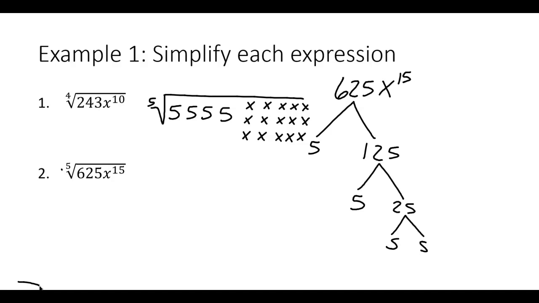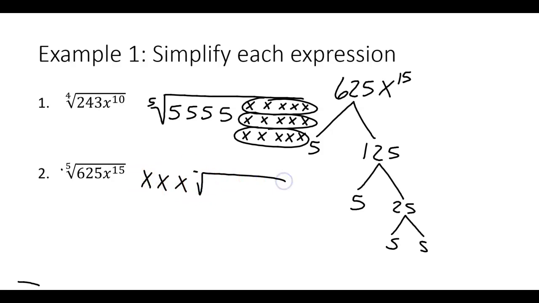Crystal, what are we able to take out of here? 3 groups of 5. Here's one group of 5, there's another group of 5, there's another group of 5. So for each of those groups, I could take an X out. But notice the 5s just didn't have enough. So the 5s have got to stay in there.